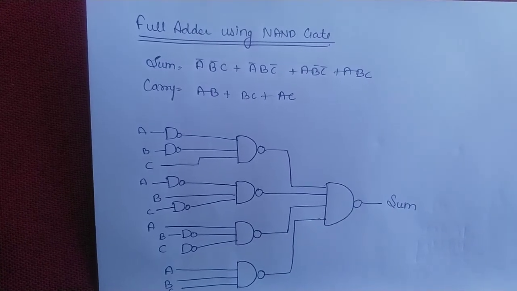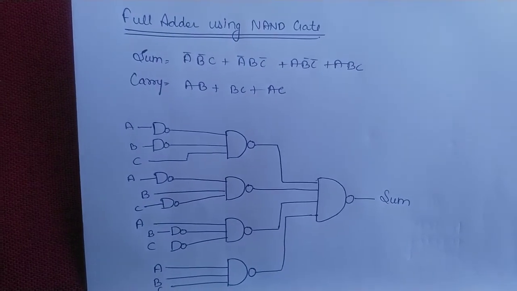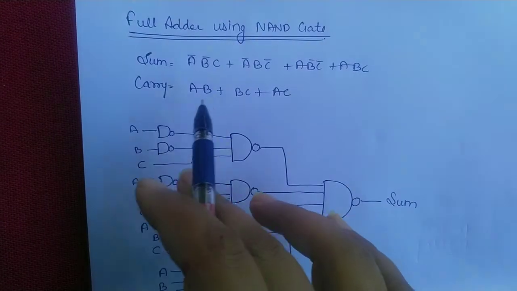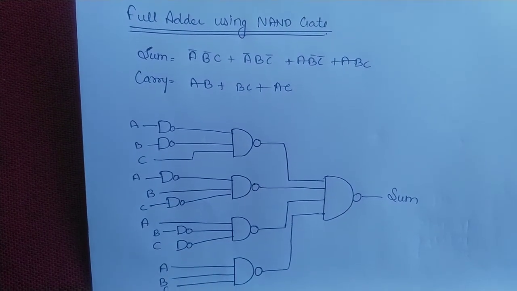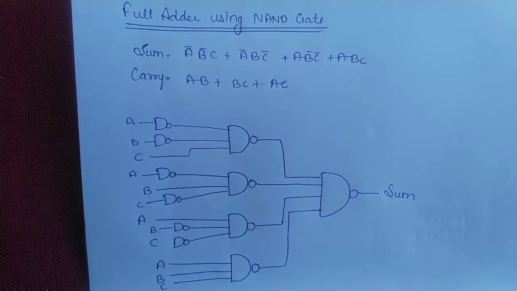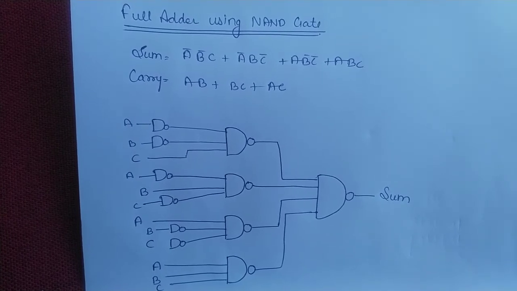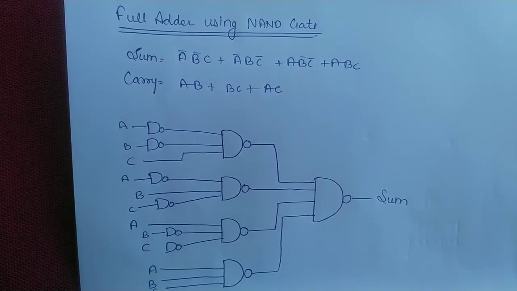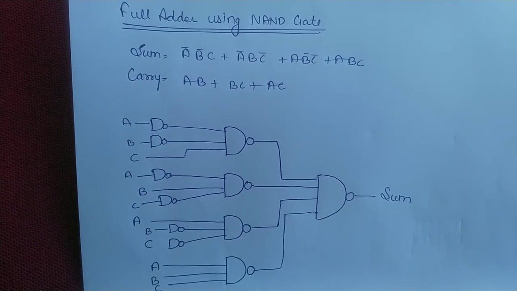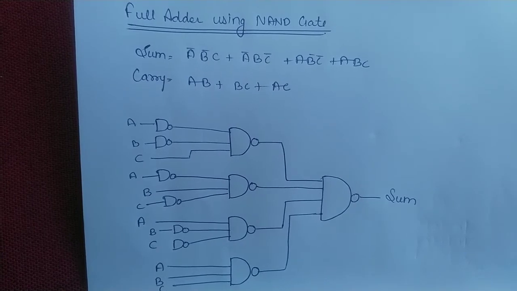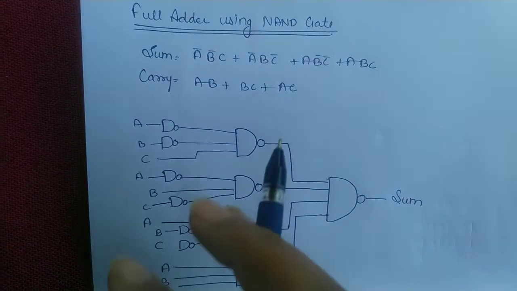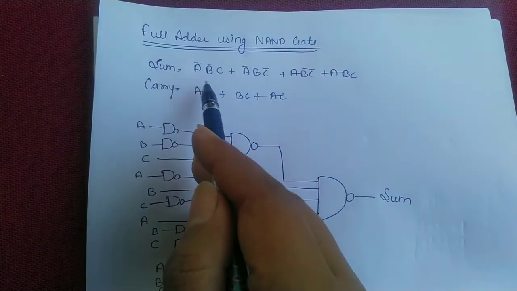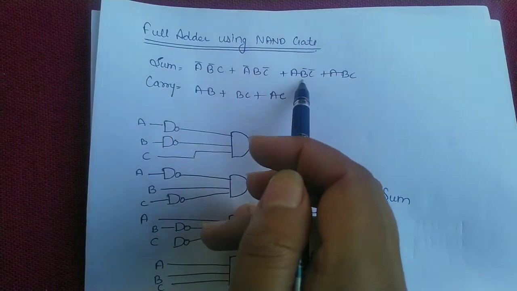Next is the representation of the full adder using the NAND gate. If we talk about the full adder, sum can be represented as A bar B bar C plus A bar B C bar plus A B bar C bar plus A B C, and carry can be written as AB plus BC plus AC. Same as in the half adder, four NAND gates can be used, one for each expression: 1, 2, 3 and 4.